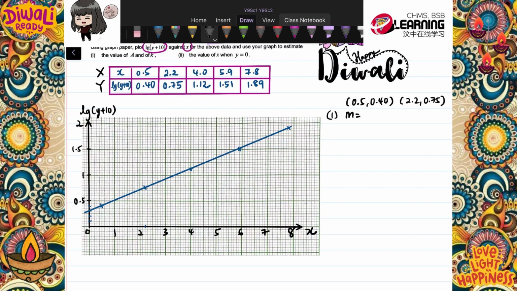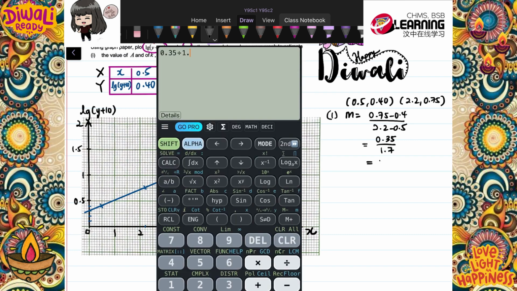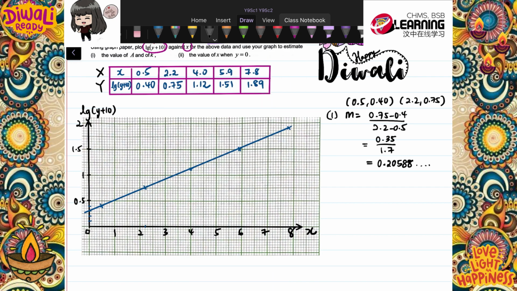Okay, so I'll be using y2 minus y1 over x2 minus x1. So I get 0.35 over 1.7. And I press calculator, I get 0.20588 and so on. I don't round off to 3 sig fig first because I don't know whether my final answer is this or not.